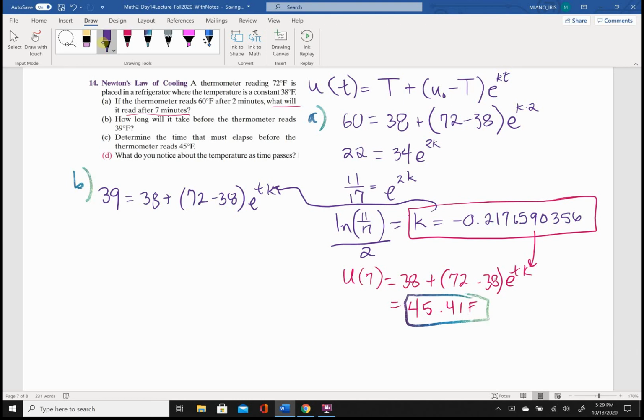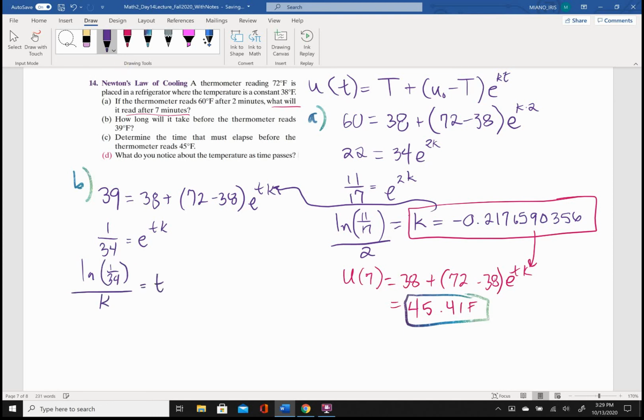Furthermore, we would subtract 38 on both sides and get a 1, and then divide by 34. So hopefully everyone's comfortable with me saying in the next step we got 1 over 34 is equal to e to the tk value, remembering that k is this already calculated value. Then we take the natural log of both sides and divide both sides by k.